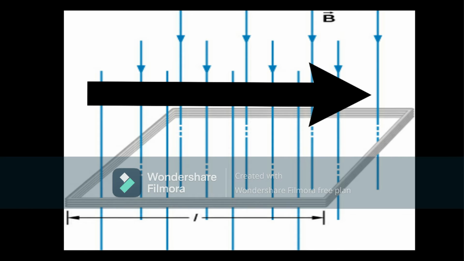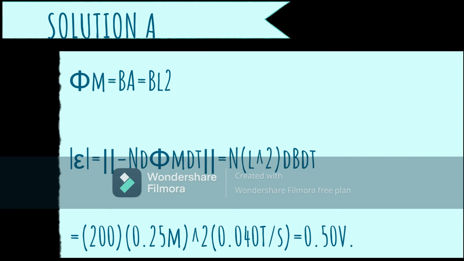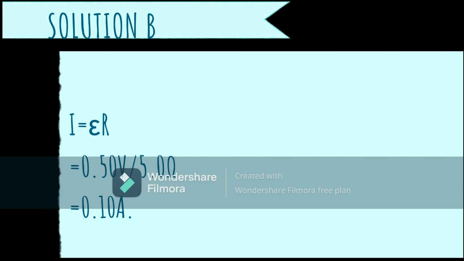We can apply Ohm's law once we know the induced EMF to find the current in the loop. If we substitute the values, the answer will be 0.5 volt. When we substitute the values, the current will be equal to 0.1 ampere.